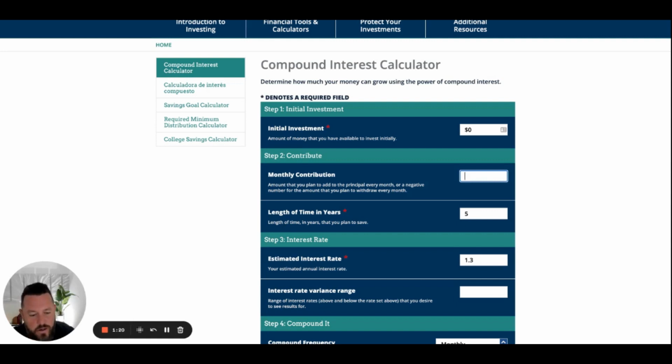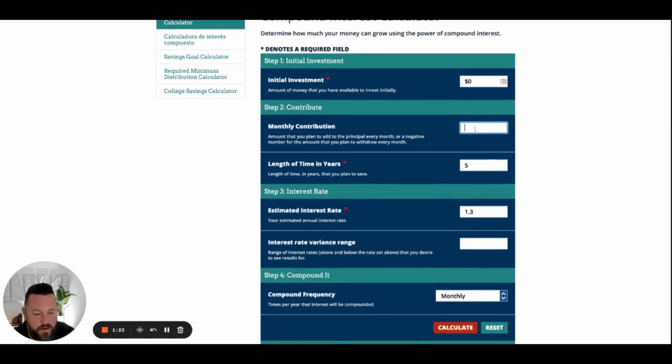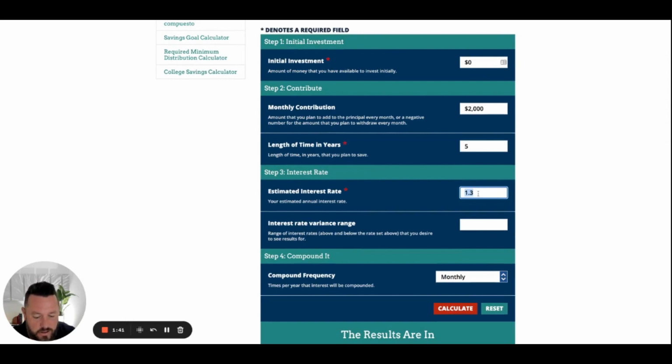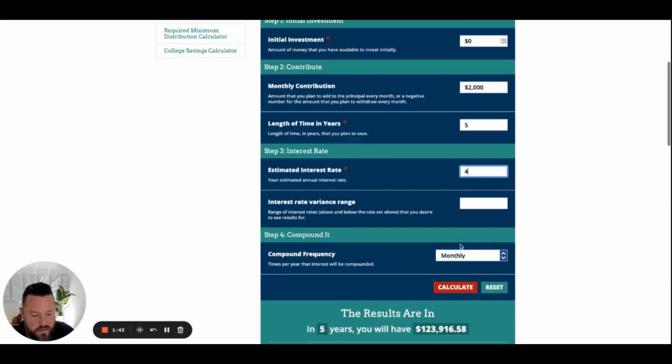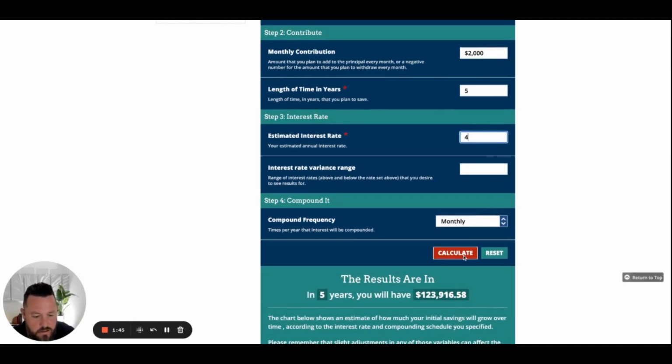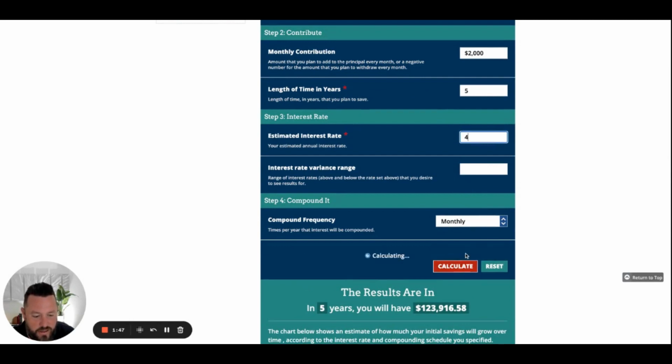Okay, so if we go to this compound calculator, let's say your monthly pension is $2,000 per month. And let's say you enter DROP after July 1st of 2023, so you get 4% for the entire time. And let's say you stay for 5 years at 4%, and there's no variance in interest rate.